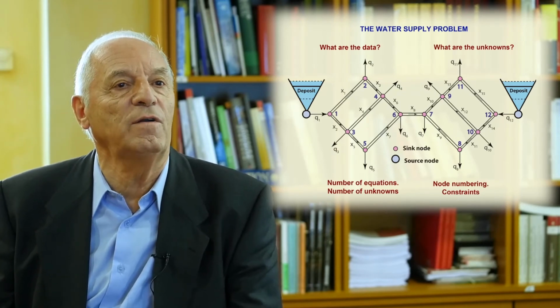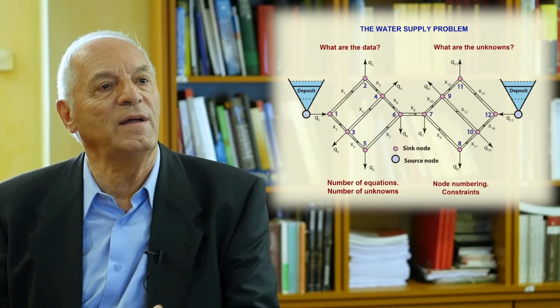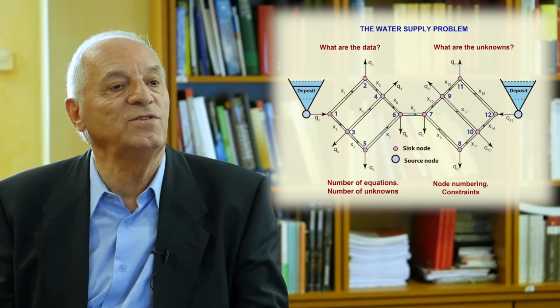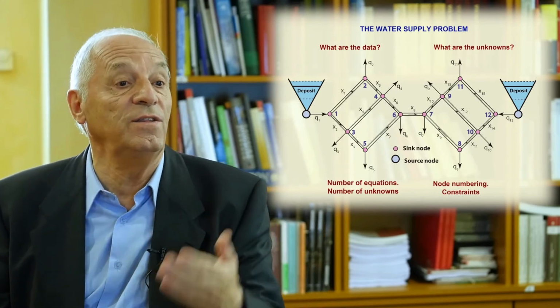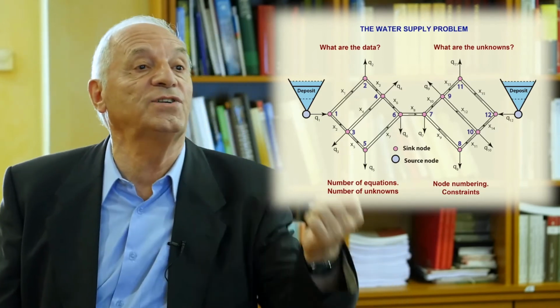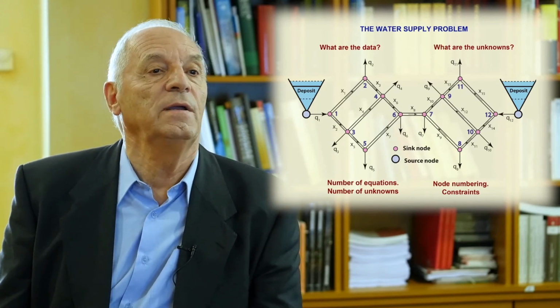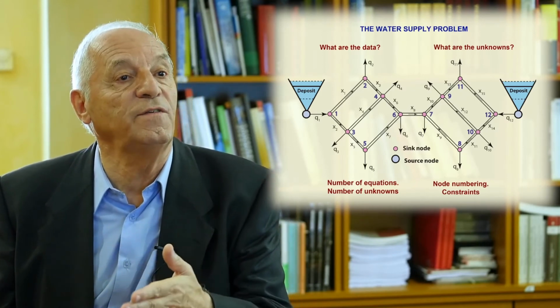The students have difficulty when you have a real problem to reproduce the problem mathematically, and sometimes they don't know what equations to use, what unknowns to use. So it is interesting to see that in this case, the unknowns are the water circulating in each of the pipes. Because we have 15 pipes, we have 15 unknowns, x1 up to x15.